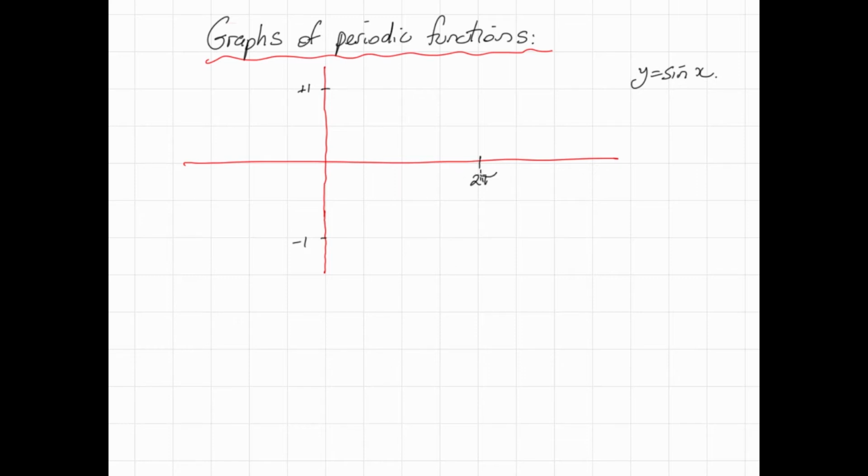So to get a complete cycle from there to there is 2 pi, so this must be equal to pi. You halve that, and it's got to be split basically into 4. So we've got 2 pi, half of that is pi, half of this will be pi on 2. And halfway between there and there is 3 pi on 2.